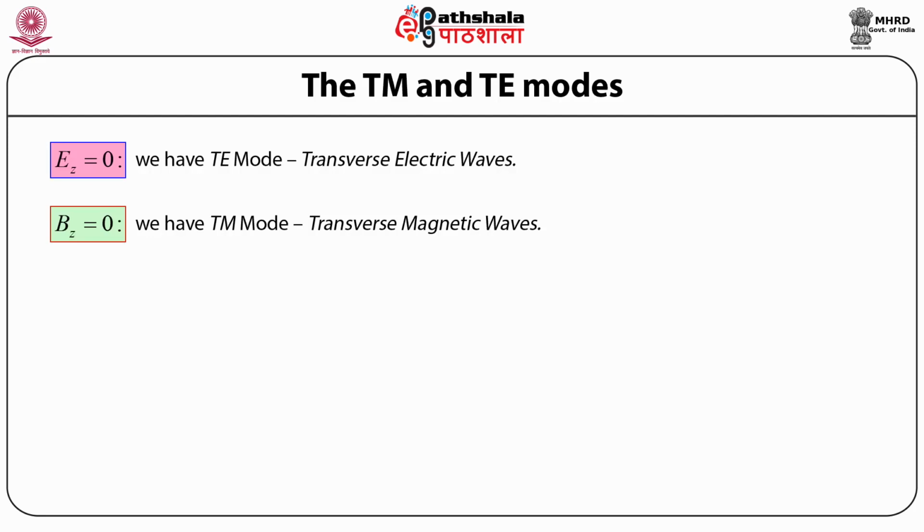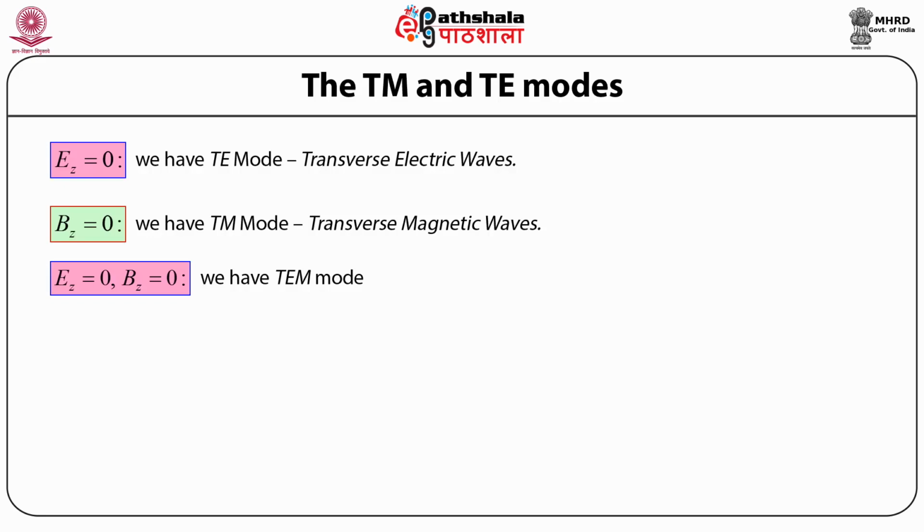While if the longitudinal components of the electric field as well as the magnetic field induction vector both go to 0, that is Ez also goes to 0 and Bz also goes to 0, then we have the transverse electromagnetic waves or the TEM waves.